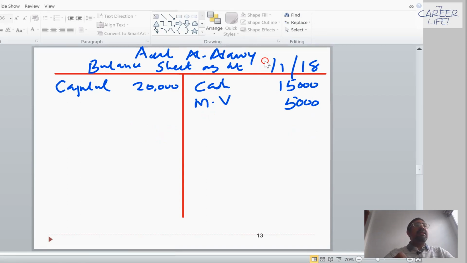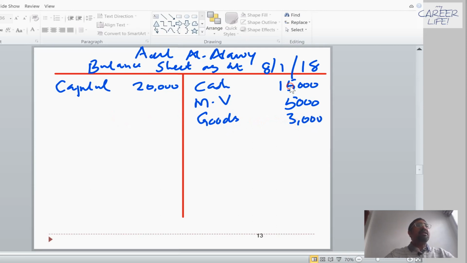So on the last day, 8th of January, we need to show the balance sheet. He started the business with 20,000. The cash was 15,000, after he purchased a motor vehicle at 5,000. Then he also purchased goods for sale at 3,000. So that means our cash has reduced again.